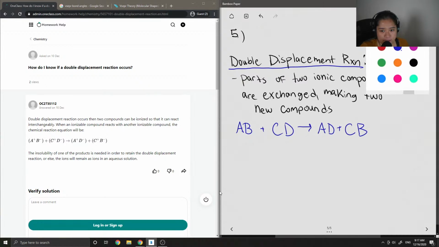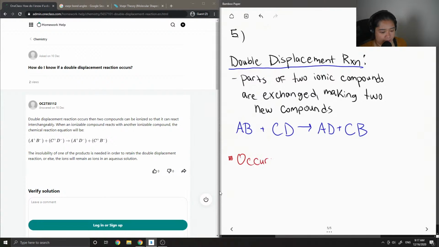Okay, so we know we have a double displacement reaction because these typically occur when one of the products is water or a gas or a solid.